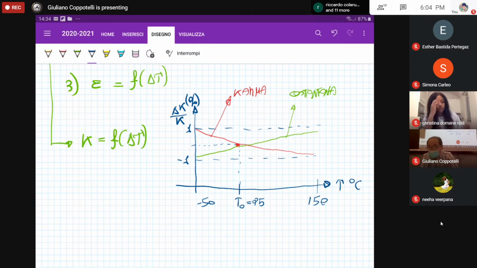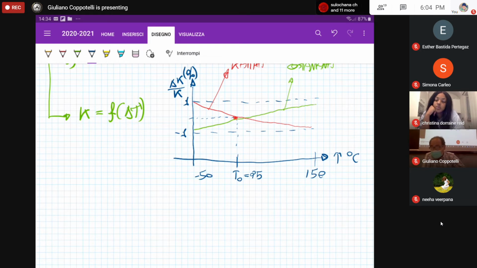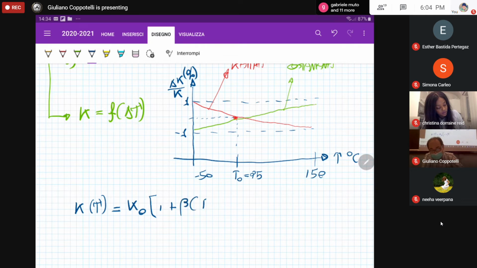Okay, because this trend is an experimental one, what is needed is that you as a manufacturer are called to characterize this trend. For example, by assuming that those two trends are, as a first approximation, linear, we can say that K, the strain gauge factor as a function of the temperature, could be written as K0, that is the strain gauge factor at the reference temperature T0, times, for example, 1 plus beta (T negative T0).